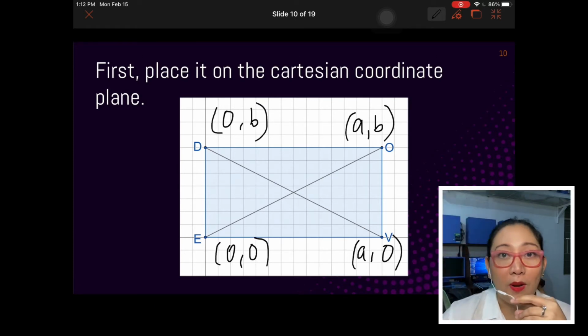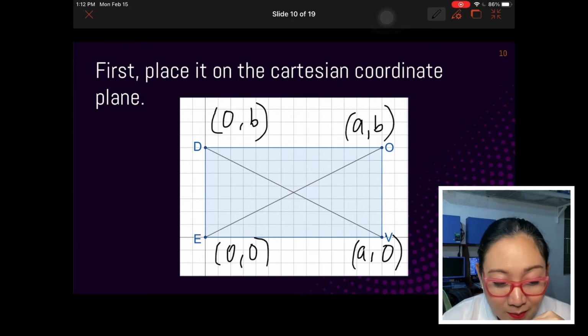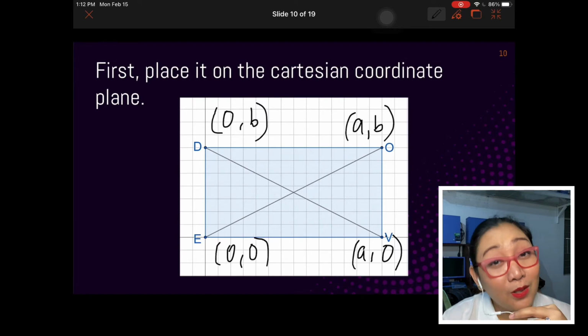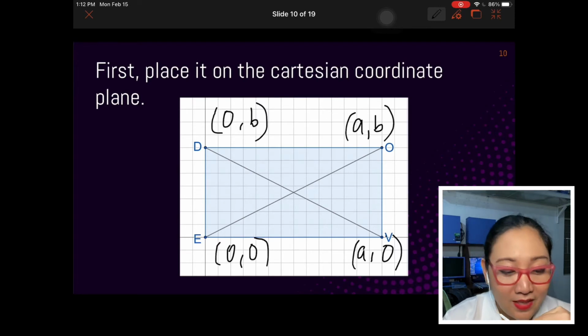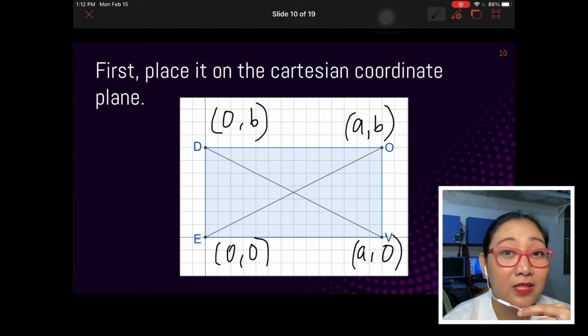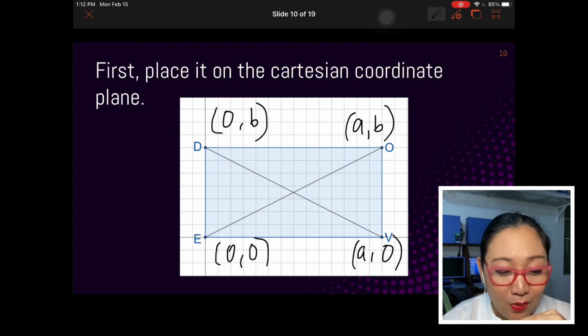How do we know? Because it is directly above V. When points are vertically aligned, they have the same x-coordinate, so A. And D and O are horizontally aligned. Points that are horizontally aligned have the same y value. So the coordinates of point O are (A, B).